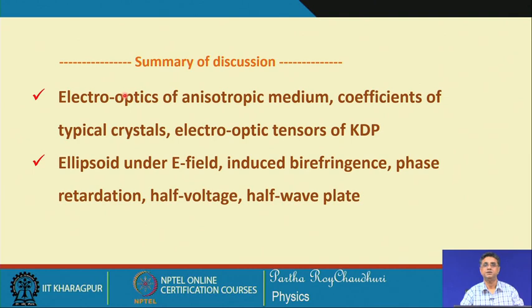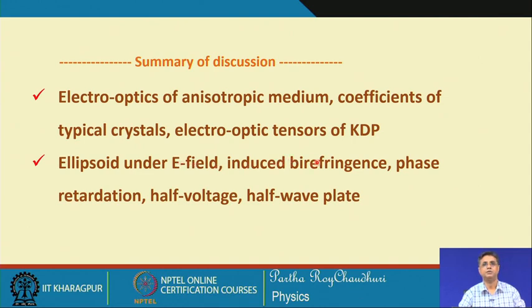So, in this discussion we considered the electro-optics of isotropic medium, then we looked at the coefficients of the typical crystals, we provided a list of the crystals, and then the electro-optic tensor for KDP with the values of the non-zero coefficients, that is r 41 and r 63. Then we looked at the ellipsoid without and with external electric field.